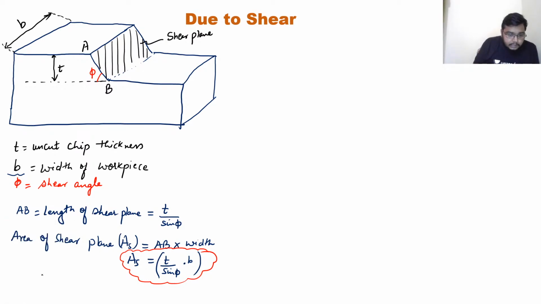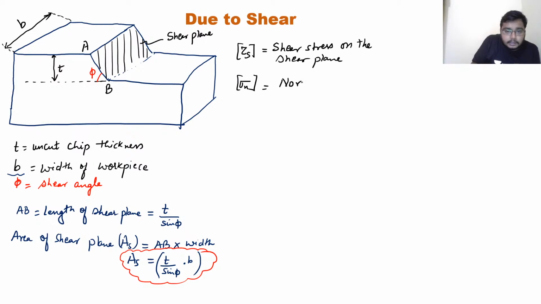Now, let us assume two things. Tau s, what is tau s, sir? So tau s is the shear stress on the shear plane. Next is sigma n. What is this, sir?